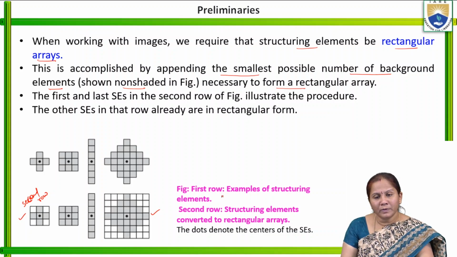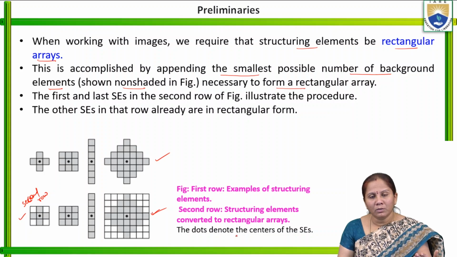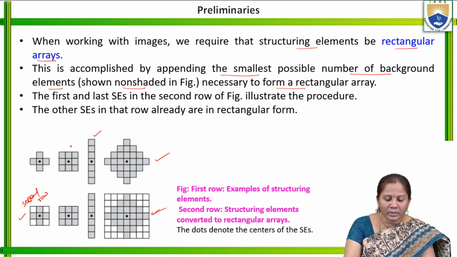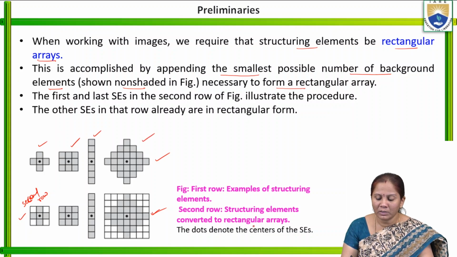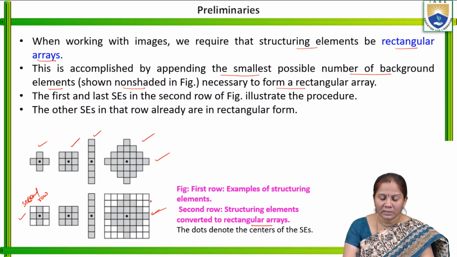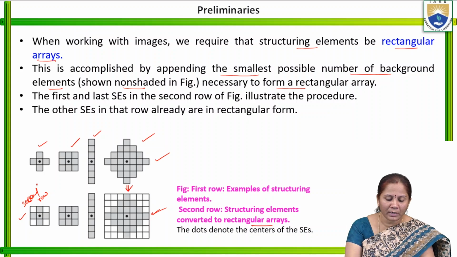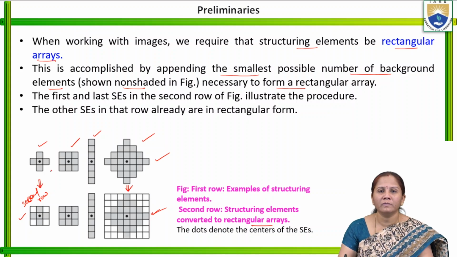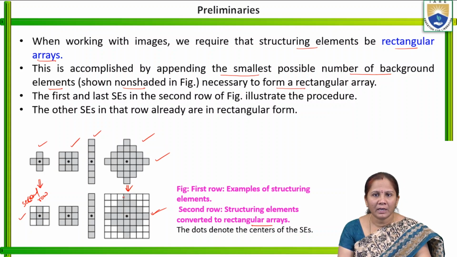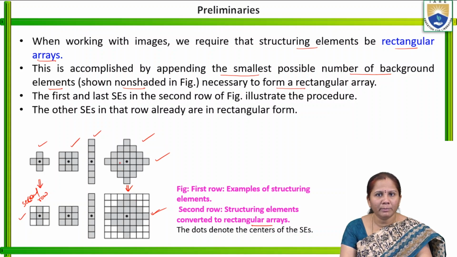Now, the first row shows examples of structuring elements. In the second row, these two are already in rectangular form, whereas these two are not in rectangular form. We have converted them into rectangular arrays. Here this is converted into a rectangular array and this structure is also converted into a rectangular array. In the given structuring element, all the elements are shaded.